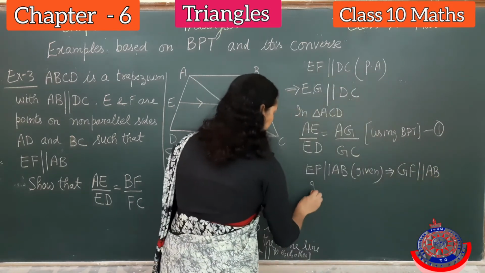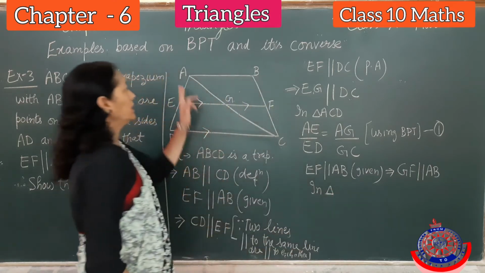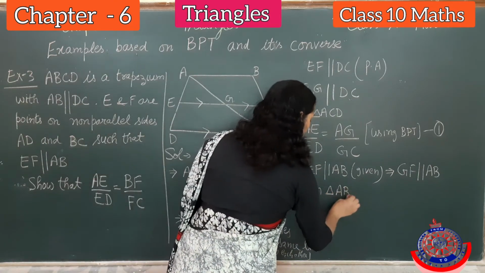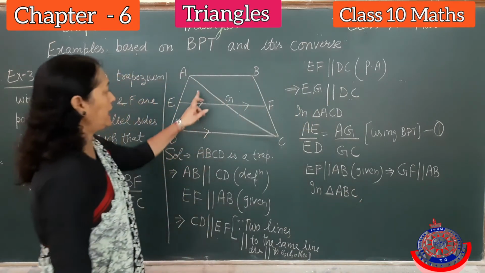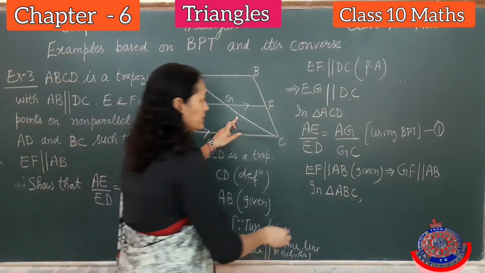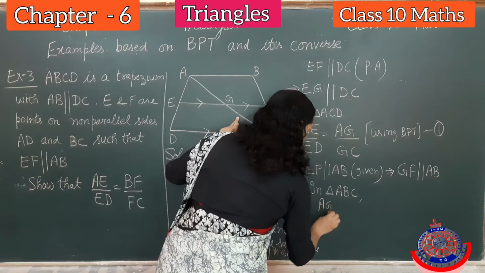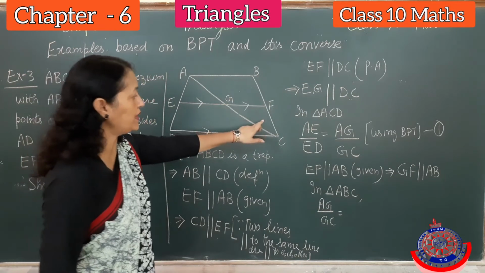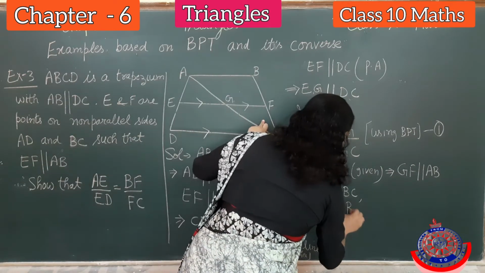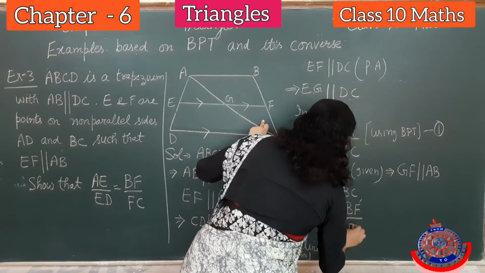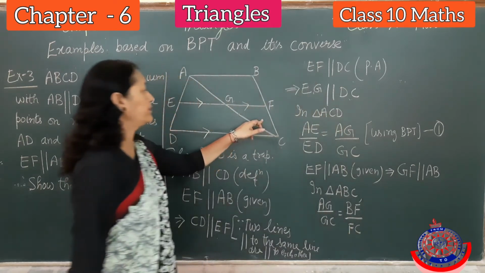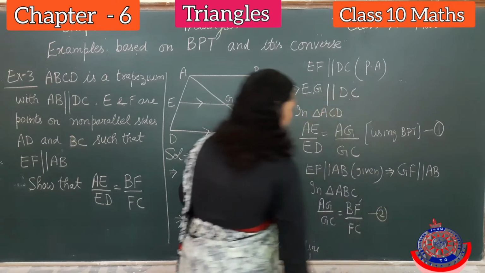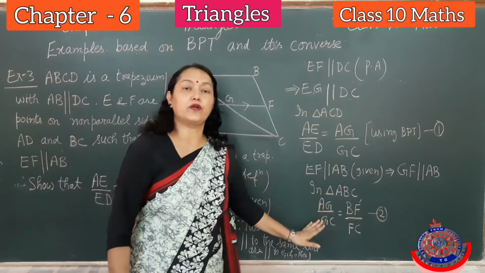So in triangle ABC, we will be having AG upon GC is equal to BF upon FC. This will be equation number 2. This also I have written according to BPT.